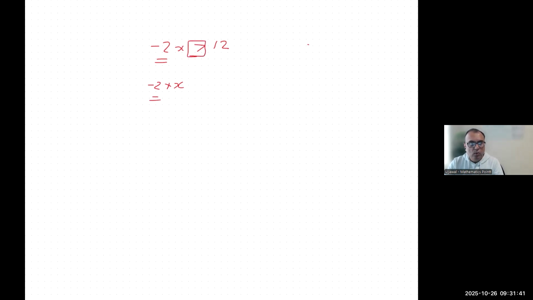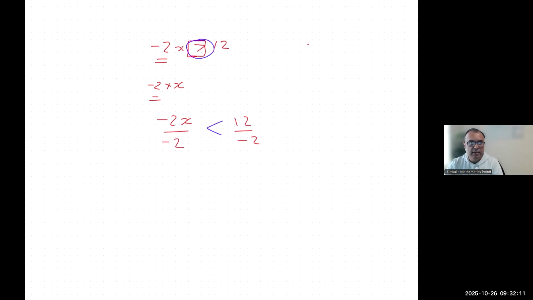What I mean is that you have negative 2x, and you divide it by negative 2 to get rid of it. On the other side, you do the same operation. Mind you, this will reverse.